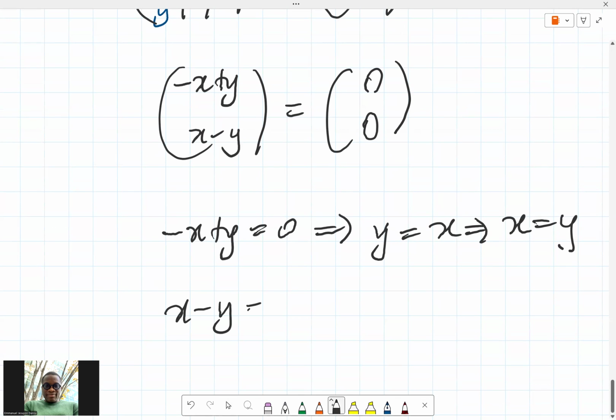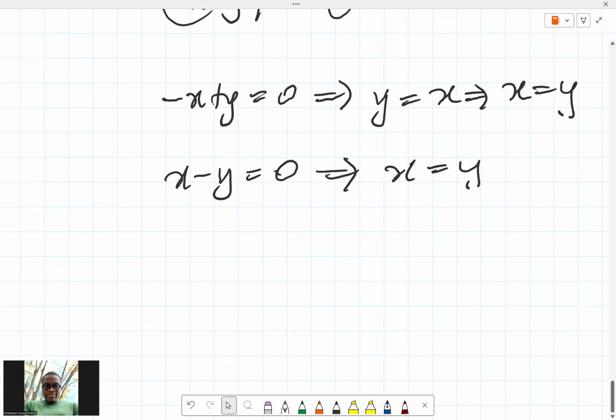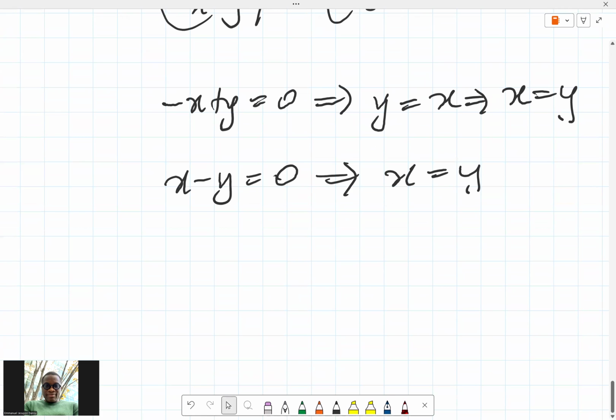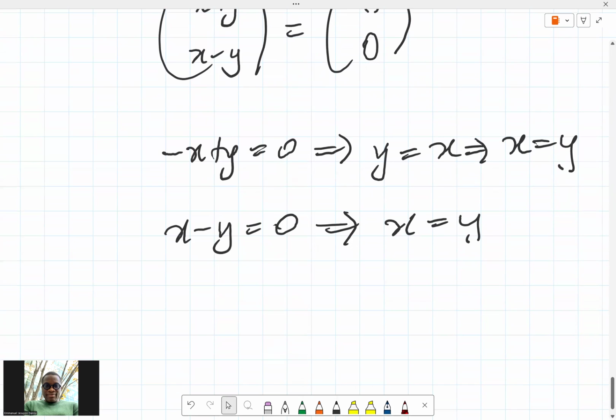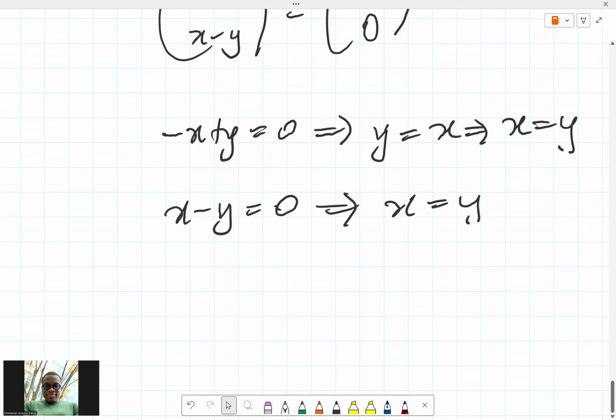So you have x minus y also equals 0. That implies that x is equal to y. So you see that they are both in ratio 1 to 1. I'm trying to look for a very nice way of saying it. Yeah, from here, x equals y.